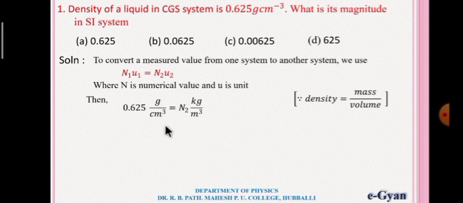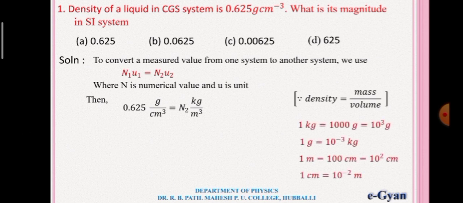Putting these values in this equation we get 0.625 gram per cubic centimeter is equal to N2 kg per cubic meter, and at this point we have to write either grams in terms of kg or kg in terms of grams, and meter in terms of centimeter or centimeter in terms of meter. For that we have to give the relation between kg and gram and then centimeter and meter.